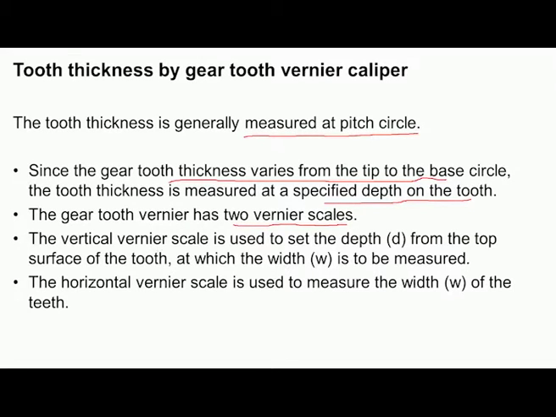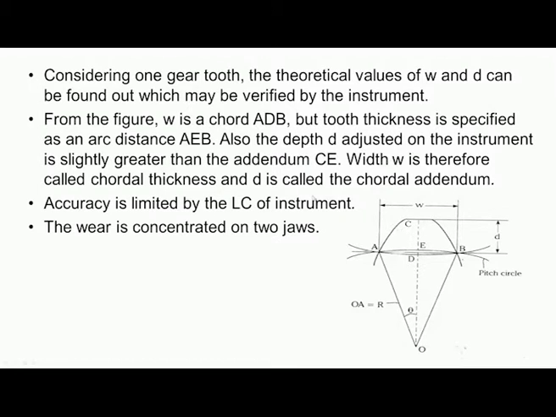The vertical vernier scale is used to set the depth from the top surface of the tooth, that is the top line, at which the width is to be measured. After fixing D, we can measure the chordal thickness. The horizontal vernier scale is used to measure the width of the teeth. Now, we can see we have considered one tooth here.